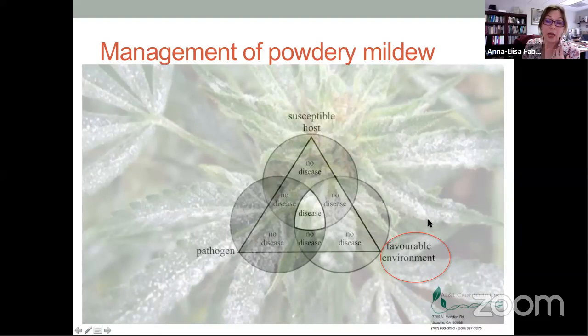The only way you can actually control this is by changing the environment, making more airflow in your grow. So this can even be managed without adding any fungicides, just by cultural practices, controlling the environment, making that environment less favorable for pathogen growth.